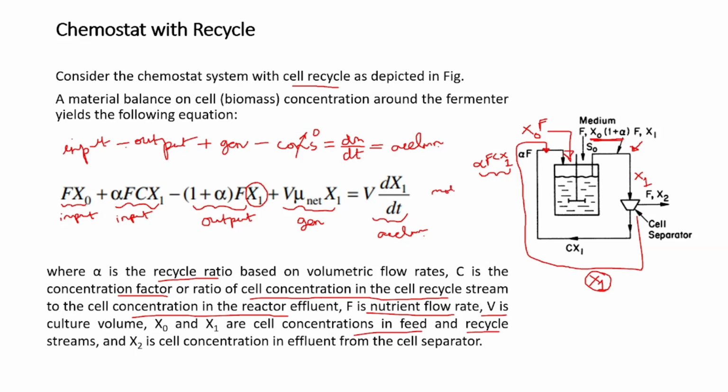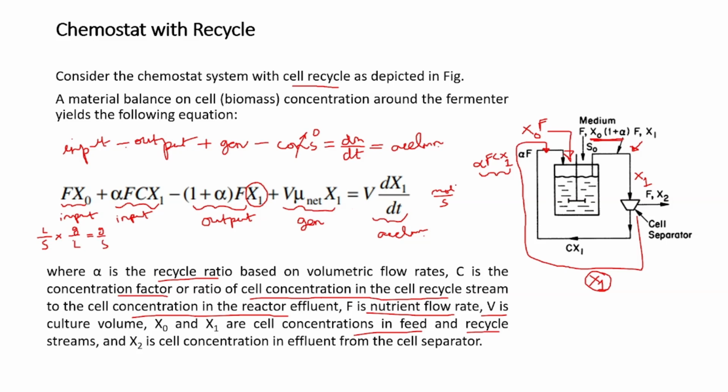And multiplied by x naught, whose unit is grams per liter, so it is in grams per second, right? For a mass balance, it is in grams per second.